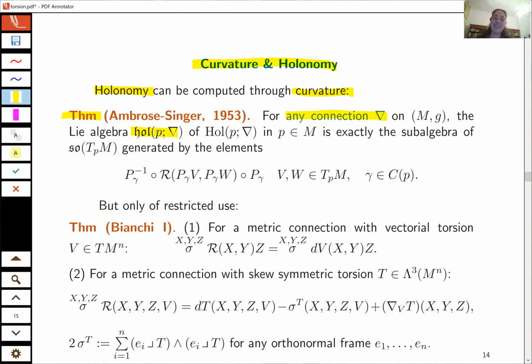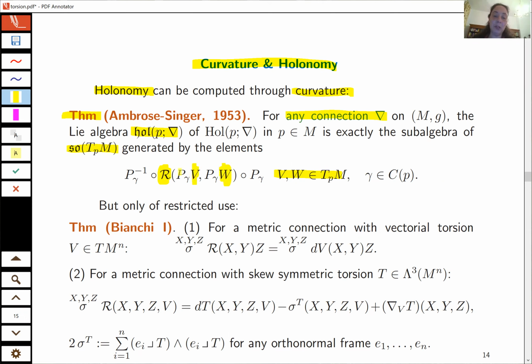And this is exactly the subalgebra of the orthogonal Lie algebra generated by the elements: I take the curvature transformation on two vector fields V, W, I look at the curvature transformation, I let it act on V and W, but not exactly.